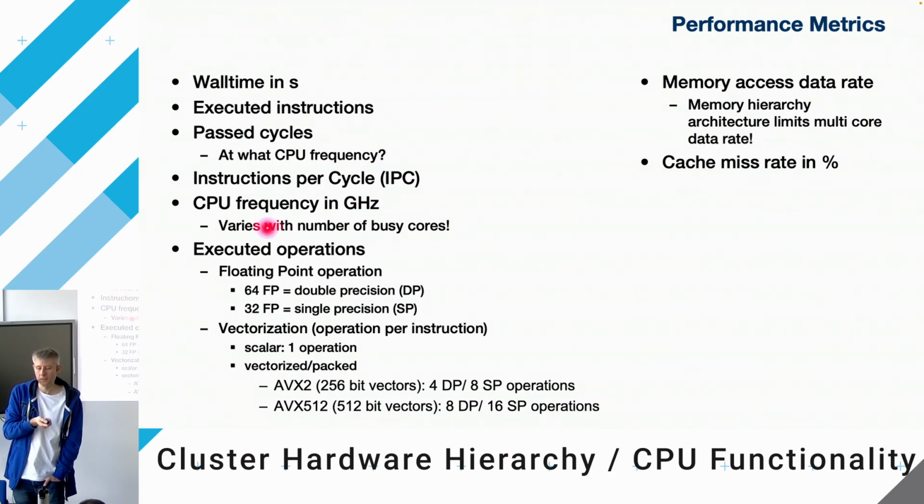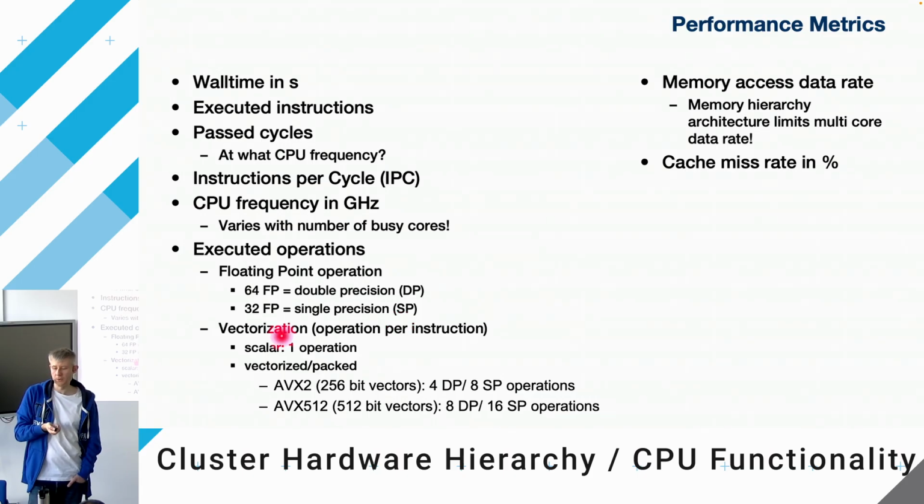And we have the CPU frequency, and we can take a look at the actually executed operations, how many operations were executed. Here we count in floating point operations. We can differentiate between double precision and single precision, and we can think about scalar values and vectorized values.